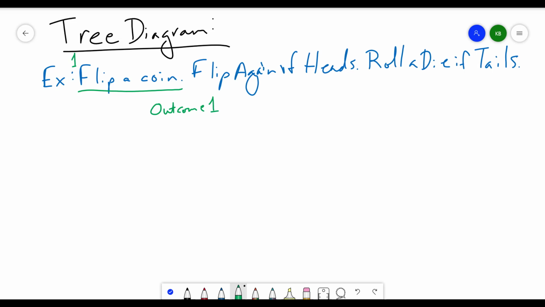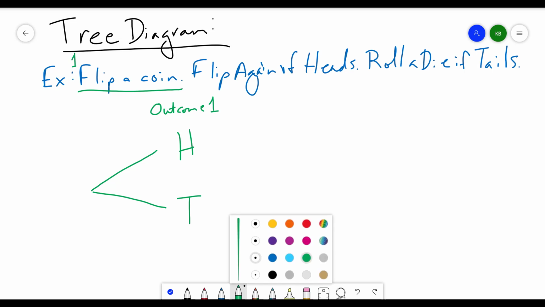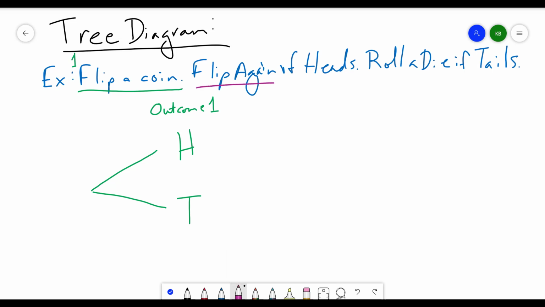So when I do this, I'm going to flip a coin. What are the possible outcomes of flipping a coin? You got it. It's heads, or it's going to be tails. It's got to be one of those two. So then if I go for my second option, we're going to flip it again if it's heads. So if out of my heads outcome, I'm going to flip a coin again, so I'm going to get heads or I'm going to get tails.